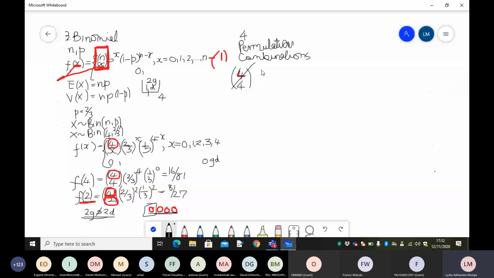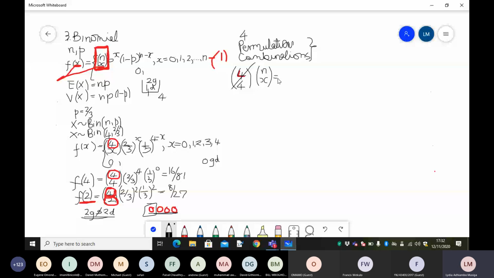So suppose we have n combination x. Some people say n choose x, some people say n combination x. But if this is giving you a problem, then during your free study time, look at permutations and combinations. Okay, now let's go to the expansion of this one.